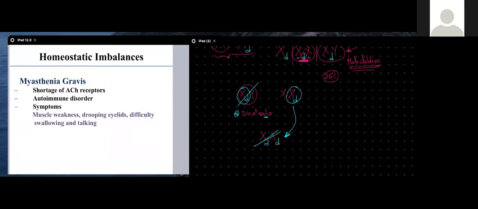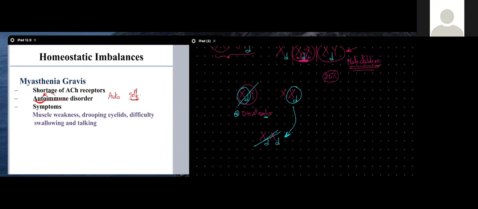Moving on to another homeostatic imbalance, it's myasthenia gravis. Myasthenia gravis is an autoimmune disease. Auto, remember, means self. Autoimmune disease simply means that the immune system is going to be attacking the body's self-antigens.